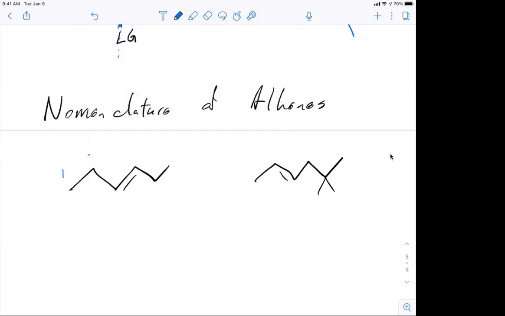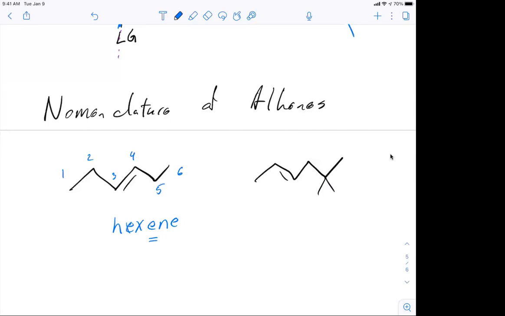We're going to find the longest chain, 1, 2, 3, 4, 5, 6, just like we did before. So this is going to be hex. But now it's got a double bond, so we're going to call that hexene. Right, so we've changed the A to an ene. That means that the suffix of the parent name is changing. That is different than what we've seen before.